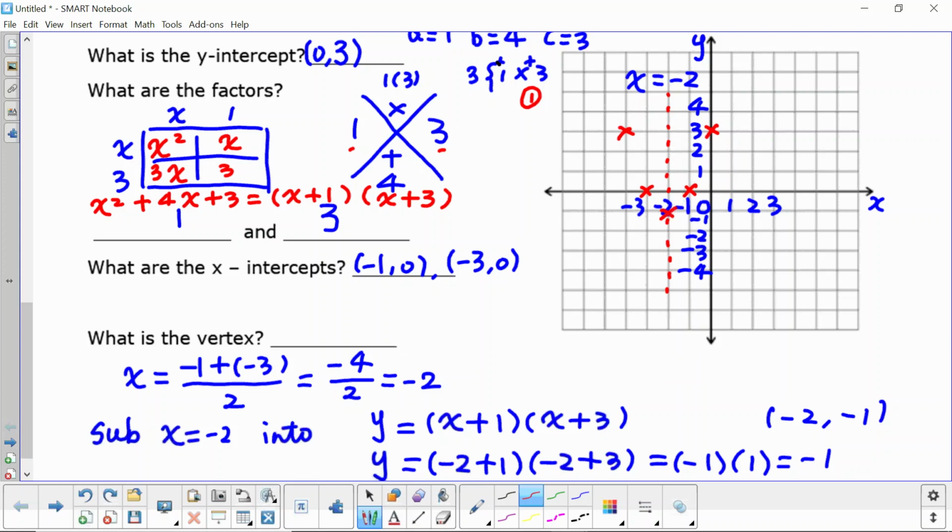Then we connect these 5 points. And this is the parabola. Then label this one y equals x squared plus 4x plus 3. Then it's done.